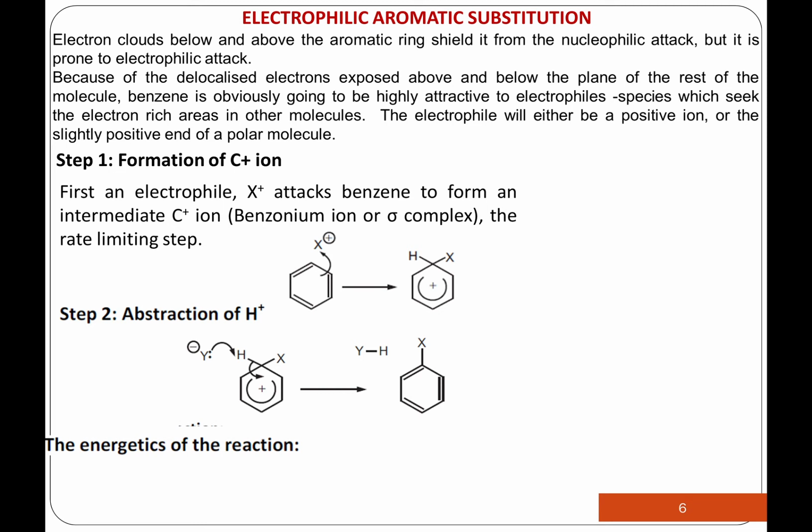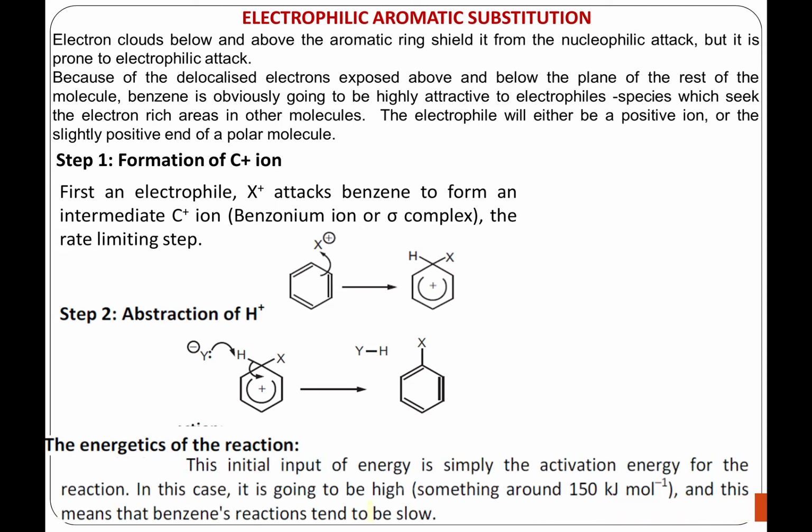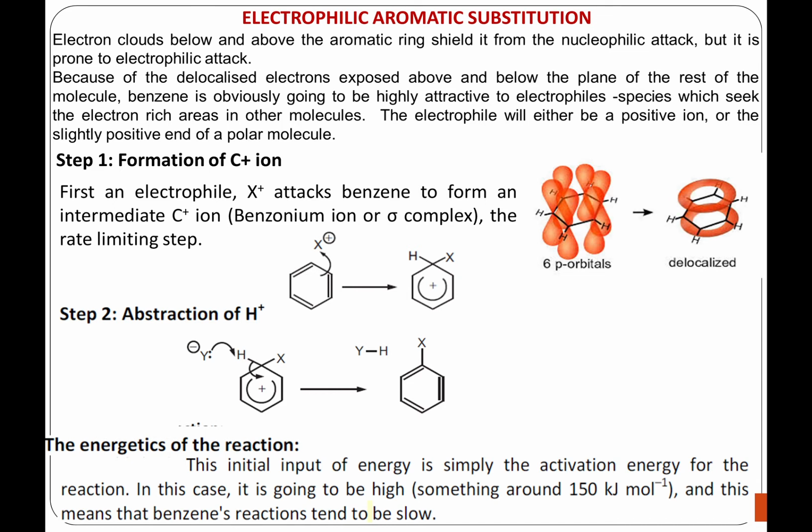So the first step is the rate determining step because it requires activation. See, these are the uniformly distributed pi electron clouds above and below the benzene ring system, which are the source of negative charge to which the electrophiles get attracted.